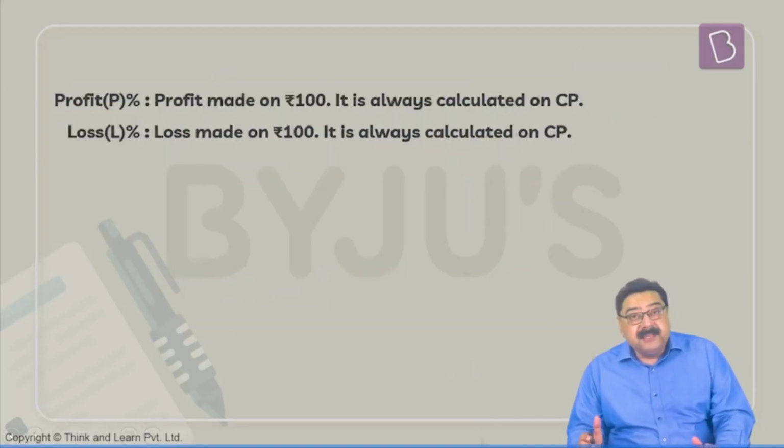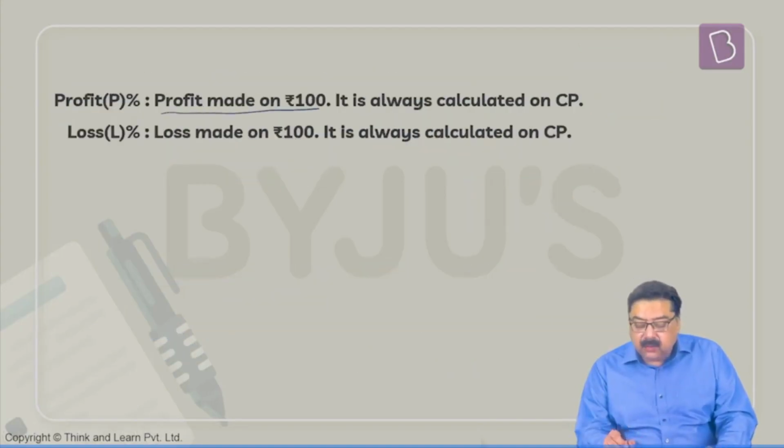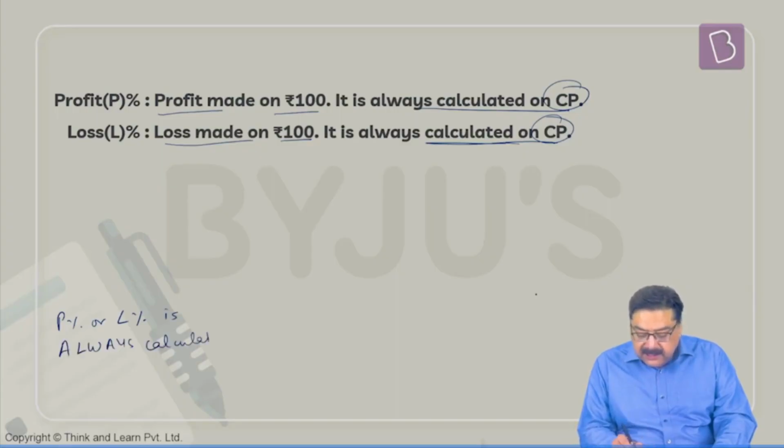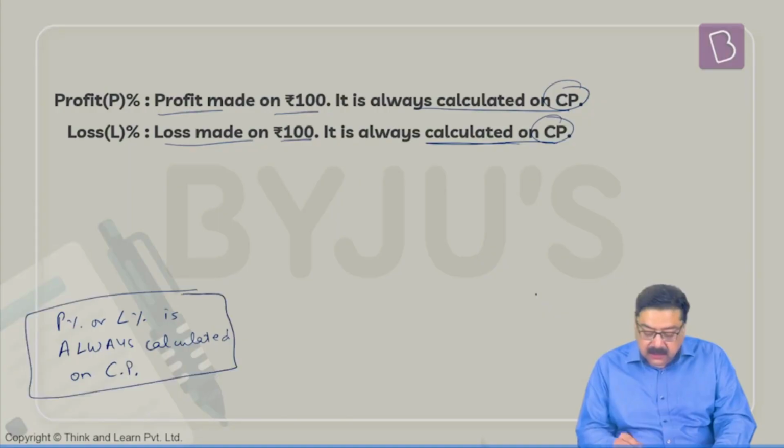Now profit percent. Profit made on rupees 100 is always calculated on cost price. Then loss percent is again loss made on rupees 100, it is always calculated on cost price. So profit percent or loss percent is always calculated on cost price, not on selling price.